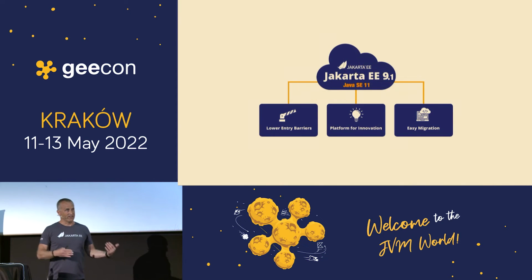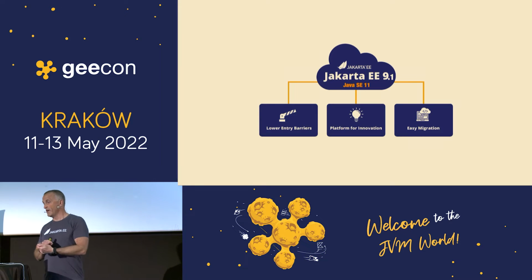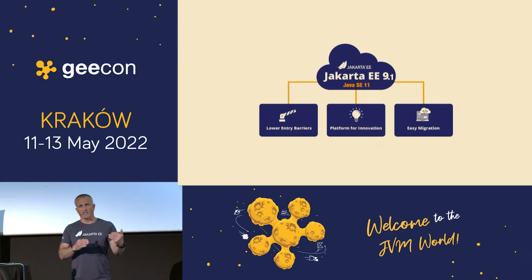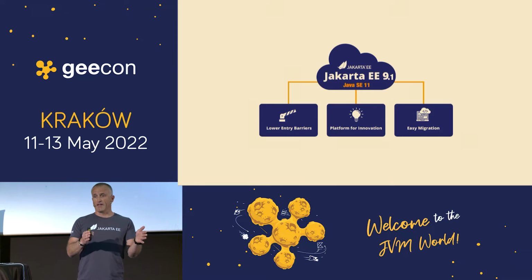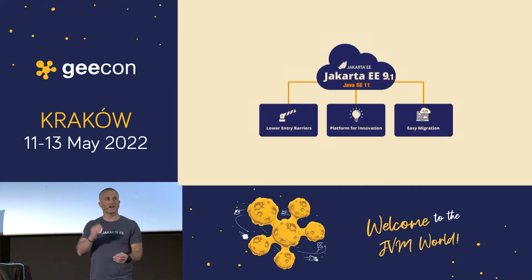So let's go back a little and look at Jakarta EE 9, or 9.1. There we did sort of the same thing as we do with 10: we had a Jakarta EE 9 that could only be tested on Java SE 8. So in order to also facilitate testing on SE 11, we had to do a minor release, and that's the 9.1 release.